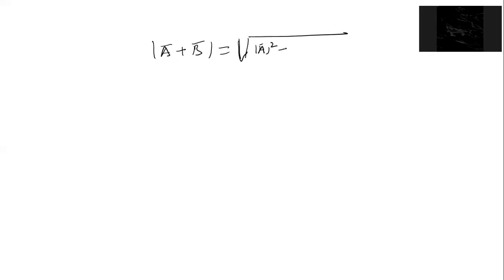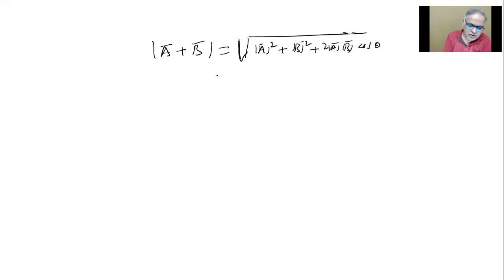Okay, sir. Now the formula, Gurucharan, mod of A plus B is equal to what? Root of, tell me. Mod A square plus mod B square plus 2 mod A mod B cos theta. Cos theta, right? Now, look, substitute now. Mod A plus B is how much according to the question? Guru, P. Yes, sir.